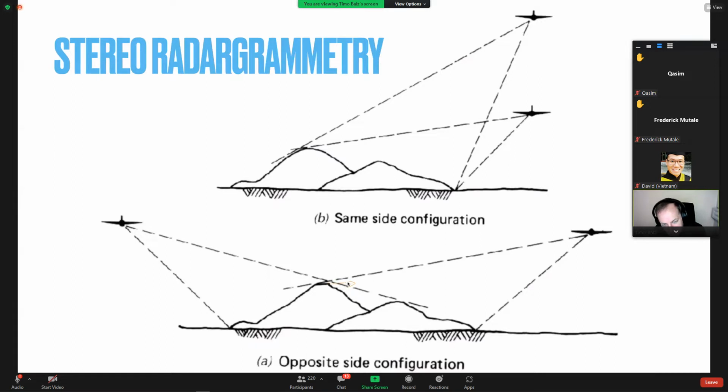It will be displaced toward the sensor. And in the opposite side configuration, from this image the mountaintop is displaced closer to the sensor in this direction, and in the other image it is displaced in the opposite direction. So the difference between these two images is much larger. We have a much larger difference of the geometry from the opposite side configuration.